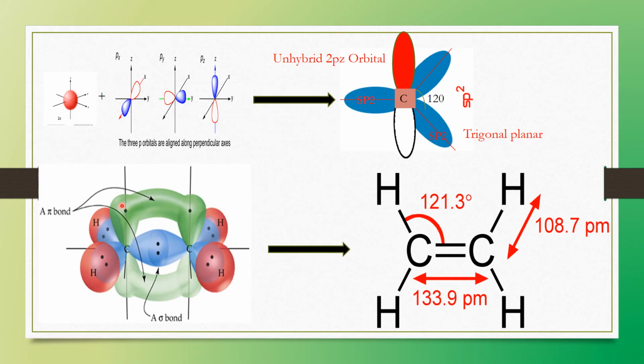So they overlap parallelly and a new bond is formed, that is a pi bond, between the 2pz orbitals of the unhybridized carbon atoms. Next, this is the final structure of the ethene molecule where carbon undergoes sp2 hybridization. Here the bond angle is 121.3 degrees.